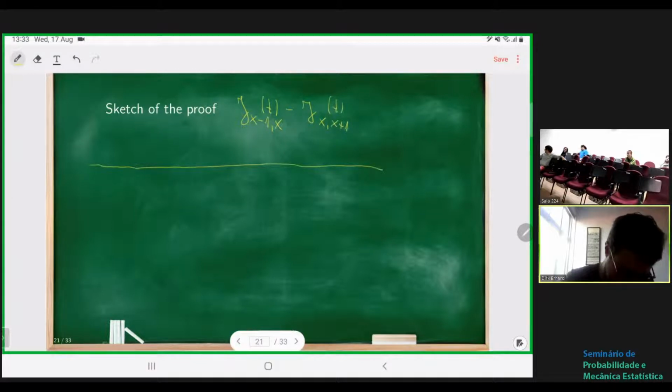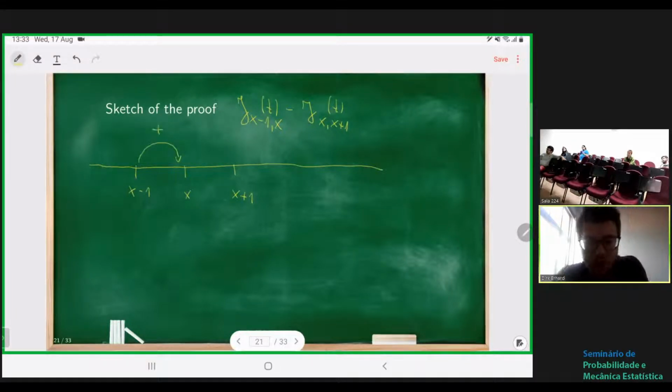Say, here's your point x minus 1, here's your point x, here's your point x plus 1. To calculate the current of the bond x minus 1, x, every time there's a particle jumping from x minus 1 to x, we count plus 1. Every time there's a particle jumping from x to x minus 1, we subtract 1.